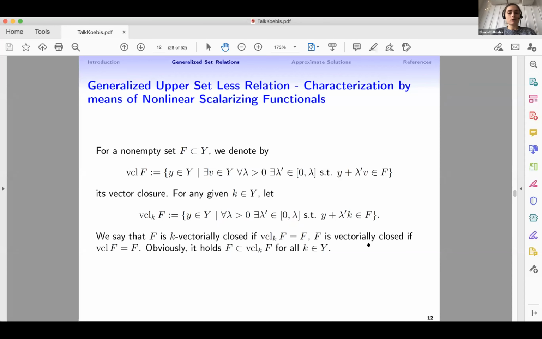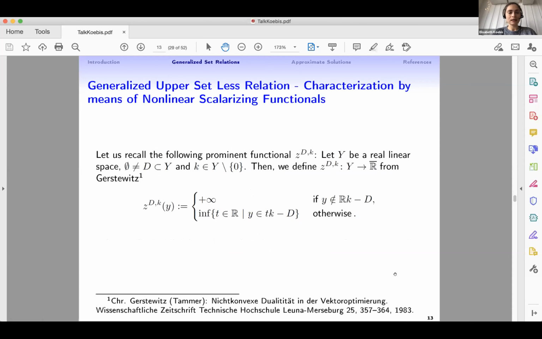And F is vectorially closed if the vector closure of F coincides with F. Obviously, it holds by the definition that F is a subset of the vector closure of F with respect to K for all K. This is a relation that we will use in the following as well.